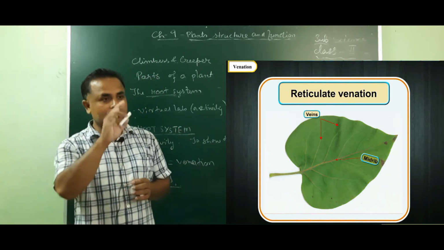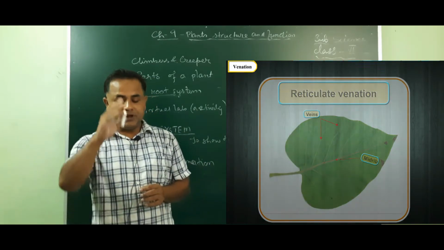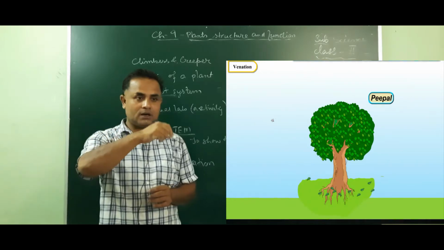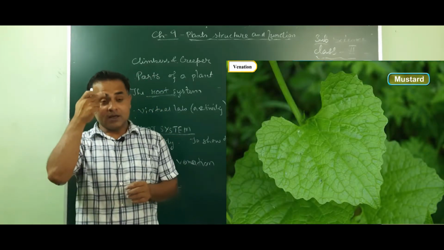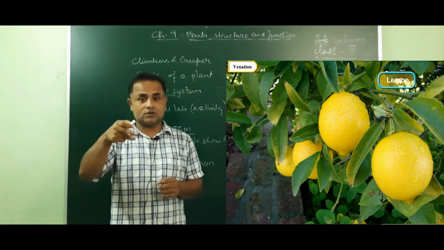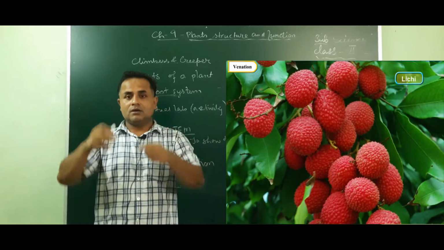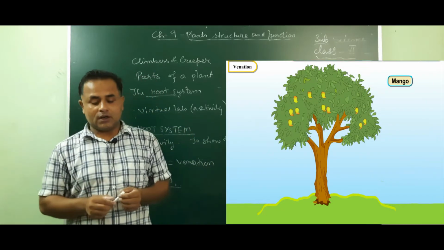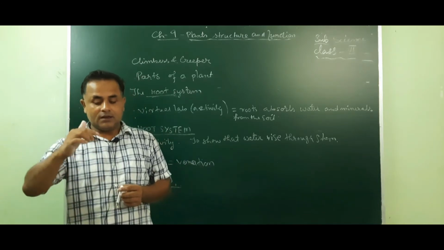Now, in reticulate venation, you will find the midrib, the main part of the leaf. Then you will find the veins, and in the veins there are many branches growing on the ribs. Then you will have an apex, and the leaf margins.